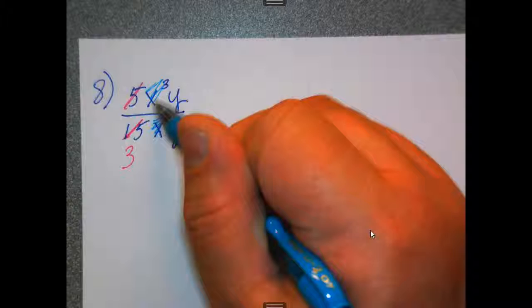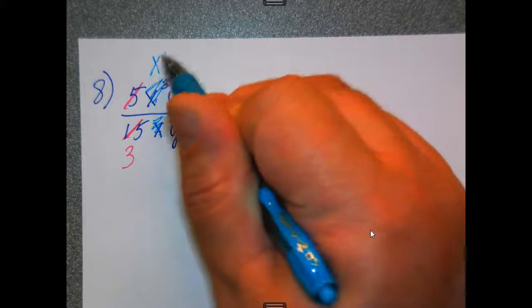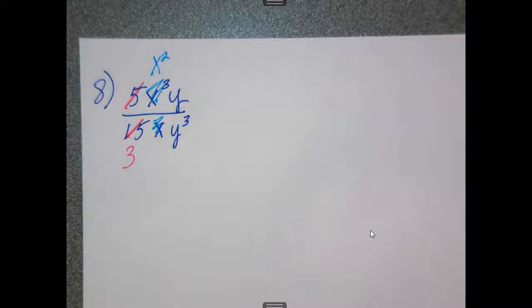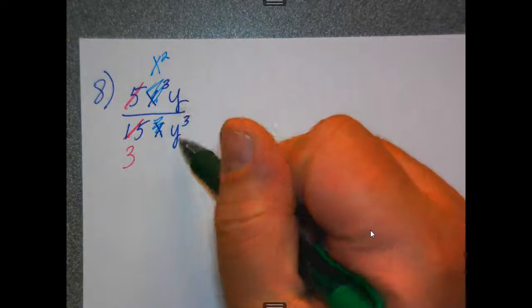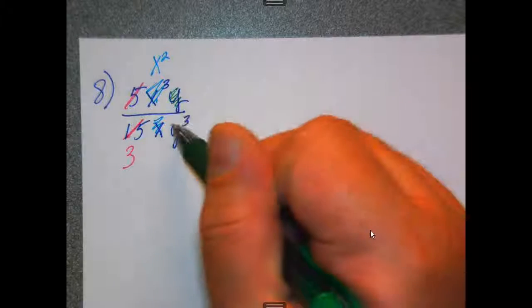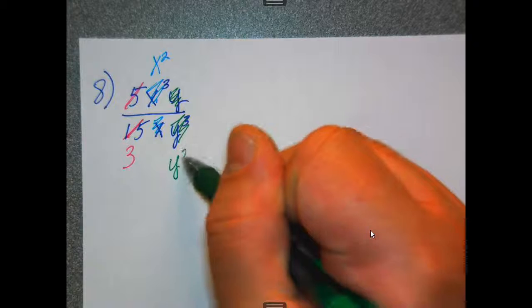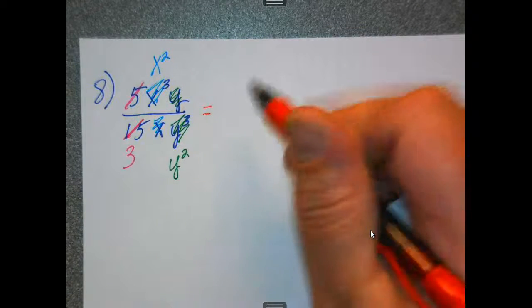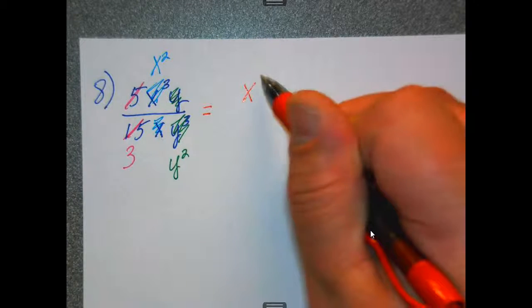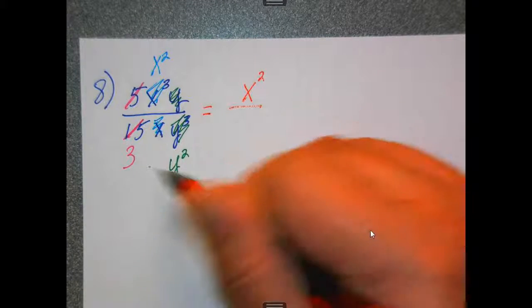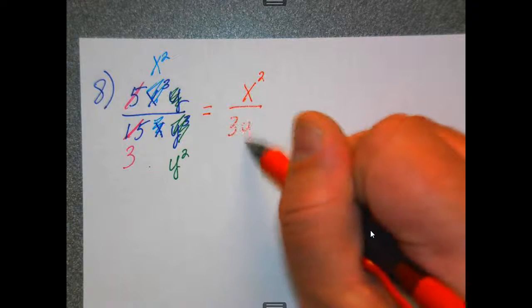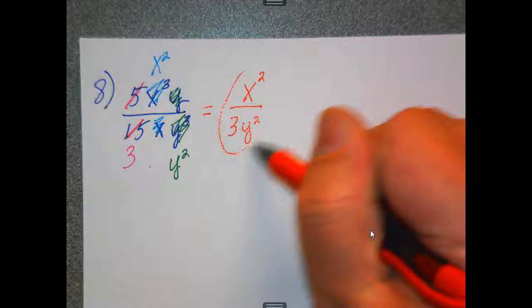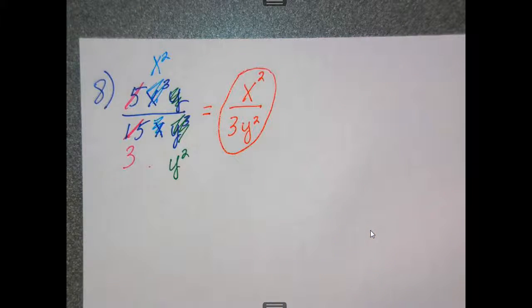So I get an x squared on top and 1 y on the top, 3 on the bottom, y squared. So this equals x squared over 3y squared. Yeah, you can put a 1 there if you want.